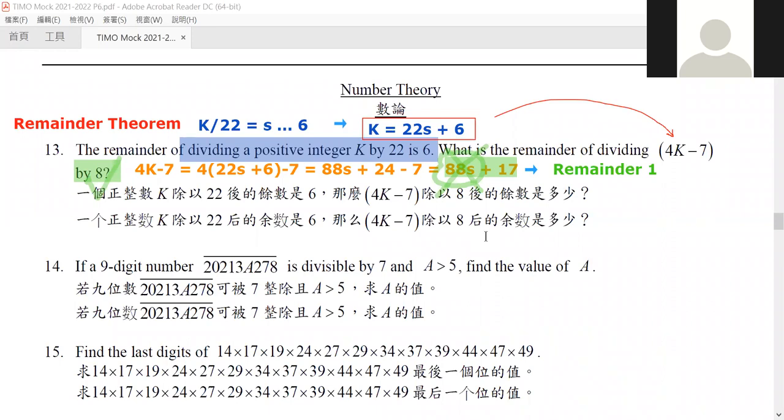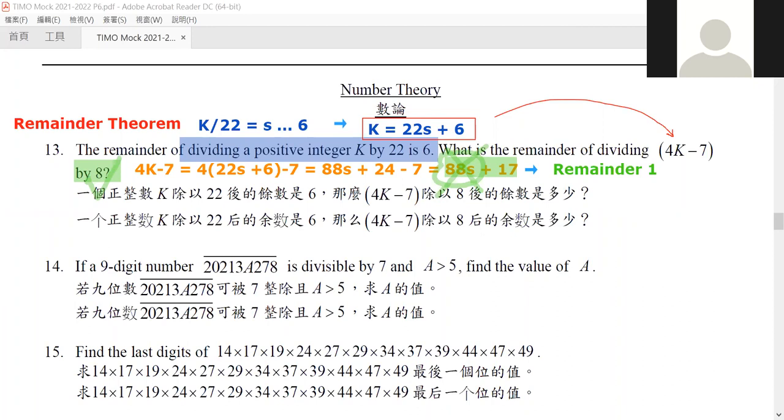Then we substitute this K into 4K minus 7 and rewrite it as 88S plus 17. After we divide this by 8, the 88S becomes 11S. This is our quotient, which has nothing to do with the remainder. The remainder is contributed only by the 17, and 17 divided by 8 has a remainder of 1. So the whole number will have a remainder of 1.